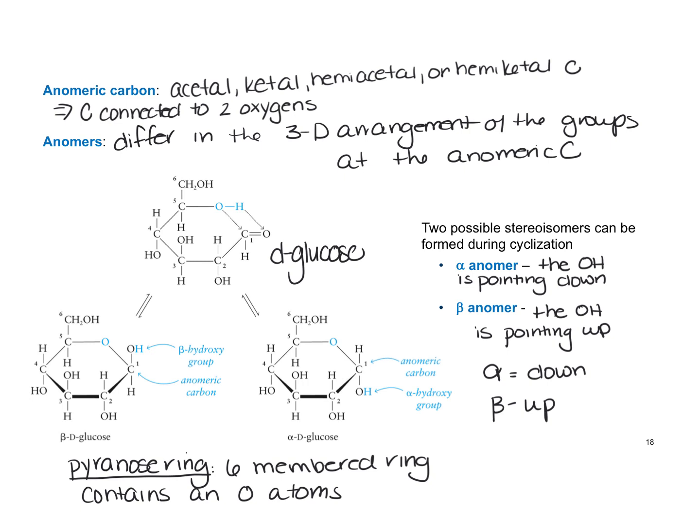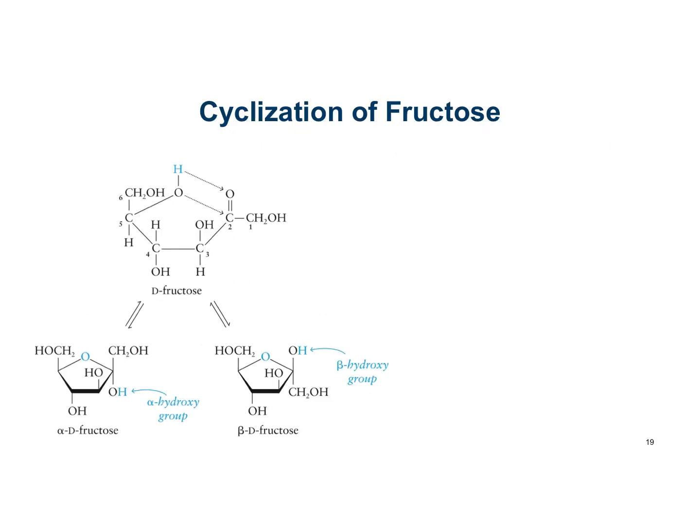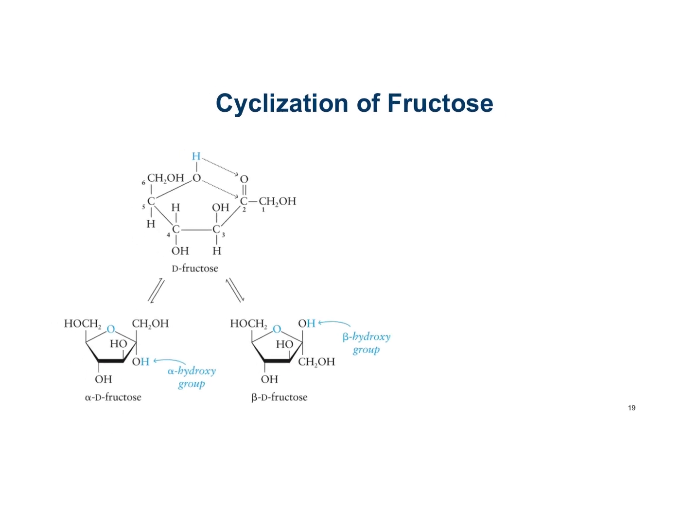Now, I want us to look at what a 5-membered ring looks like. So D-fructose, this is when we have a ketone group here, and that ketone, we have the oxygen here and then the hydrogen here, and these come in and react, and we end up forming a ring here.